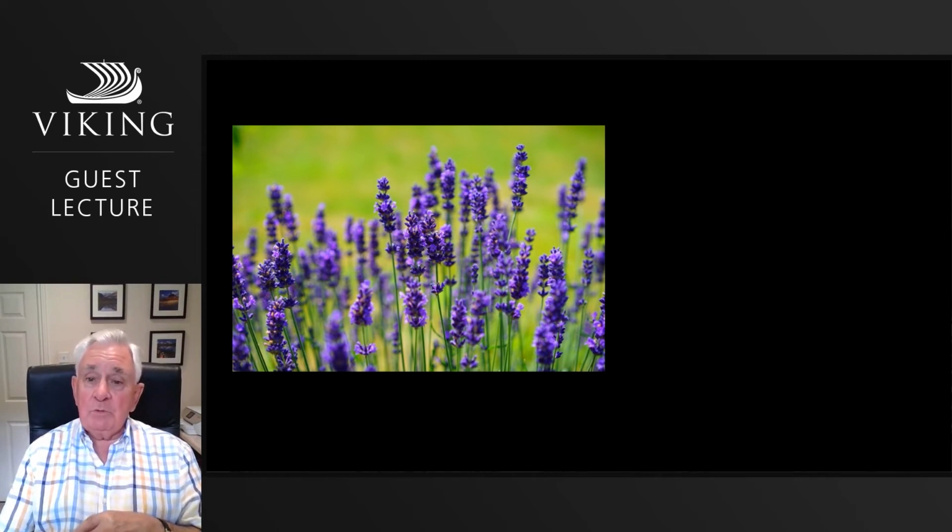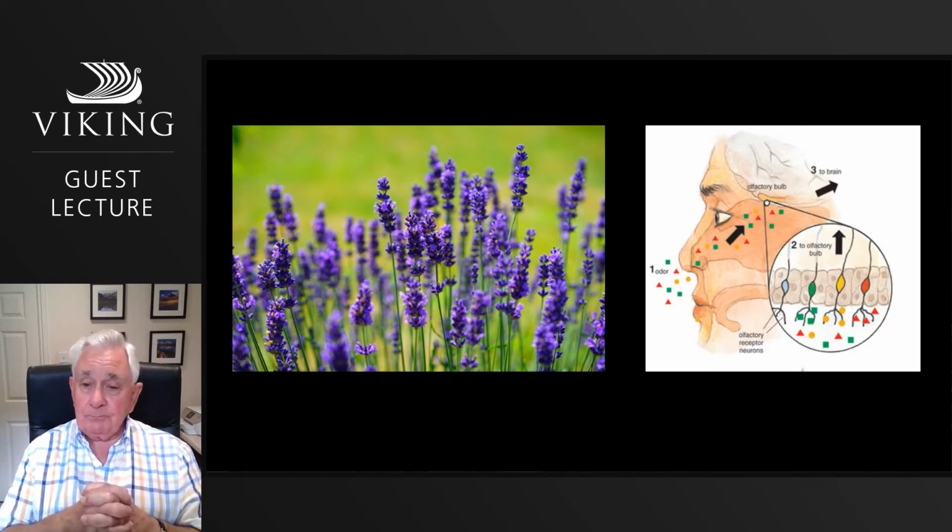Now, when we smell things, what happens is that these chemicals actually are inhaled by us, and they bind to receptors in our nose, and that sends signals to the brain. So as soon as you can smell something, there are signals going to your brain. And this is the principle of aromatherapy, and lavender is known to be a very calming substance, the lavender oil.